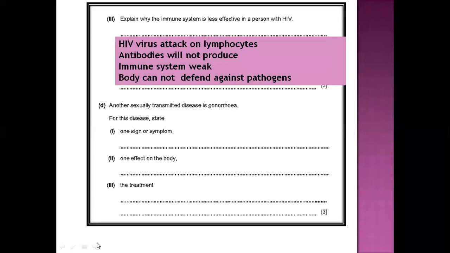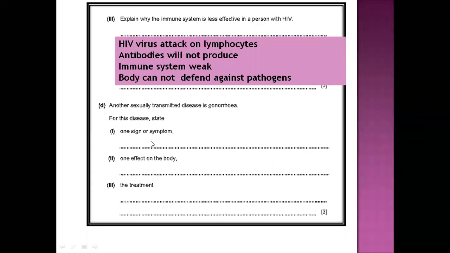So when I say it is a bacterial disease, it means the treatment should be antibiotics, like the antibiotics we use to treat bacterial infections. So in the treatment I will write antibiotics.